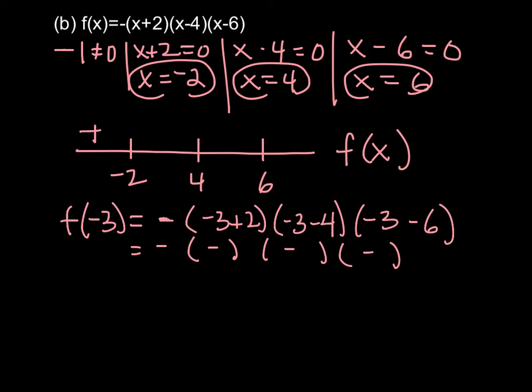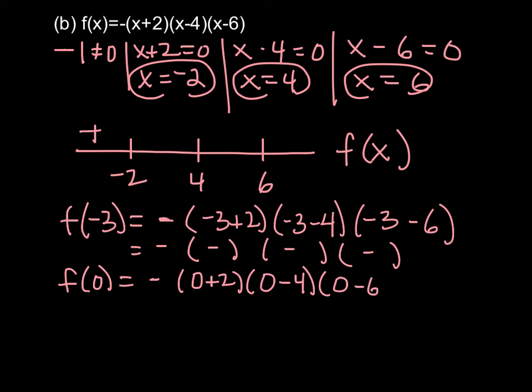All right, then I'm going to do the same thing and pick something between -2 and +4. I like 0. That's something nice and easy. So I have a negative in front. Then I'm going to do 0 plus 2, then 0 minus 4, and then 0 minus 6. So let's bring down that first negative.